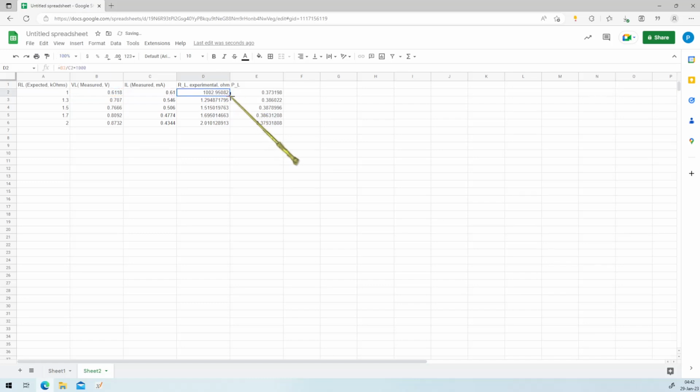Yeah, because this way we can say that every variable is in its base unit. So this one is in milliwatts, right? But we would like to have it in watts.